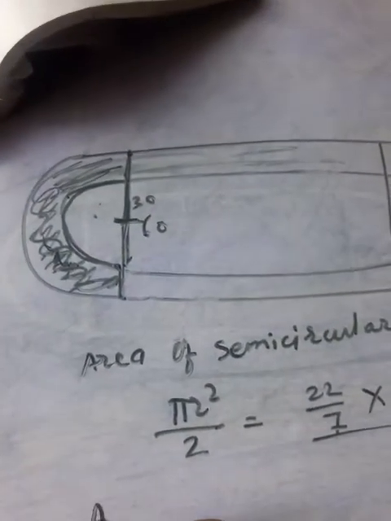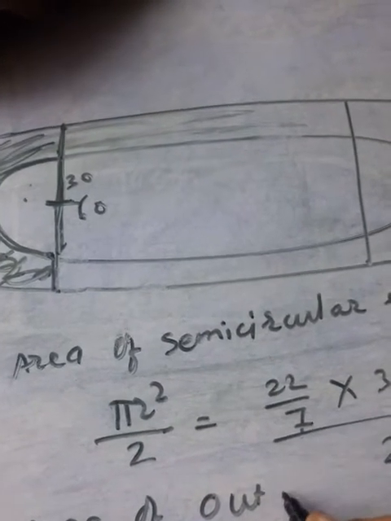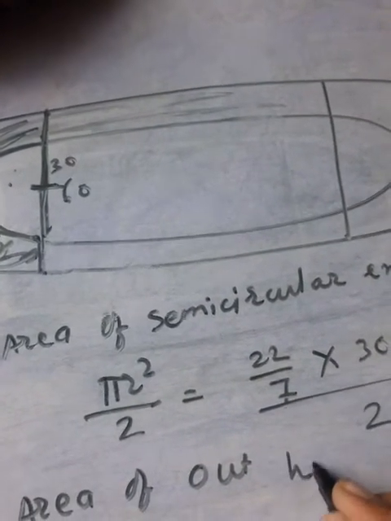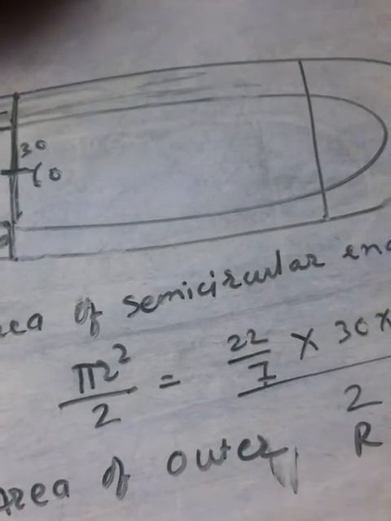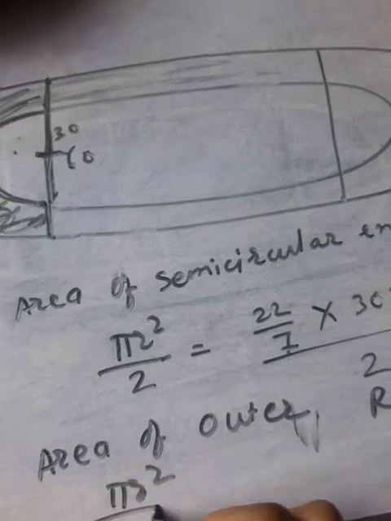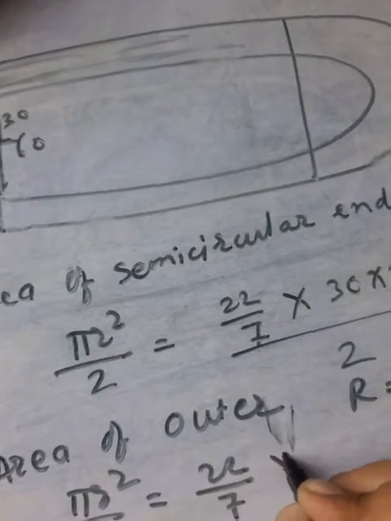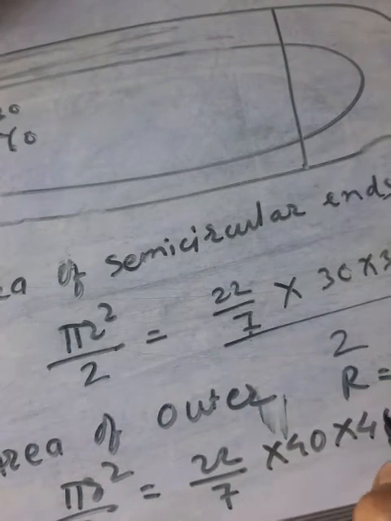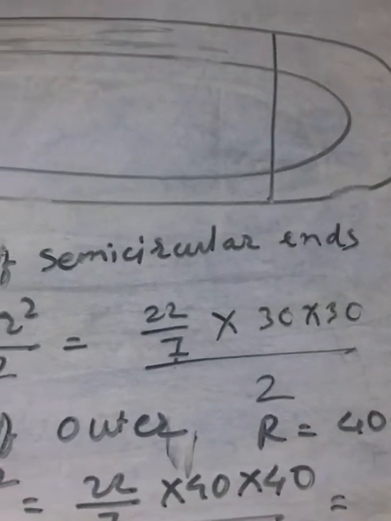So the area of the outer semicircular end with radius capital R, 40 meter, is pi r square by 2. Only the radius changes, so 40 into 40 by 2.